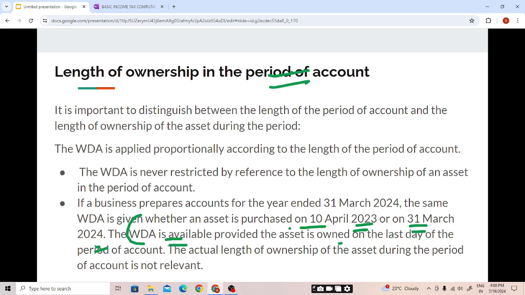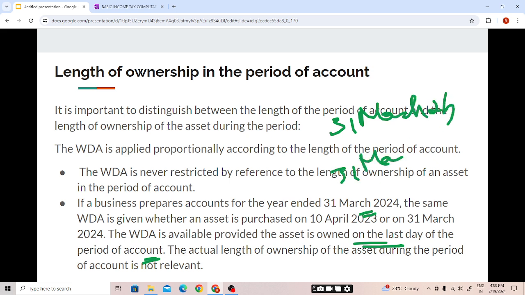But the asset must be owned on the last day of the period of account. The period of account, dear students, ends 31st March 2024, so on 31st March we need to own that asset. I hope it is clear.